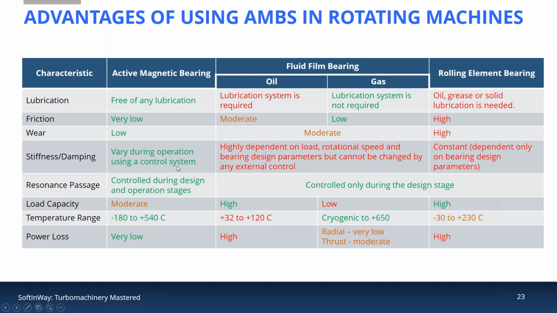But these bearings also have some disadvantages. These disadvantages include the production cost of active magnetic bearings and complexity of operational principles. Both of these obstacles should be overcome by a comprehensive R&D process, which is the main goal of our today's discussion.